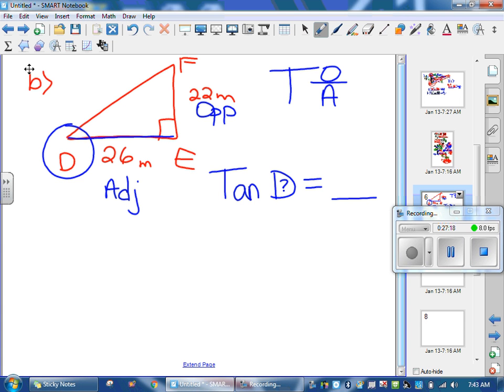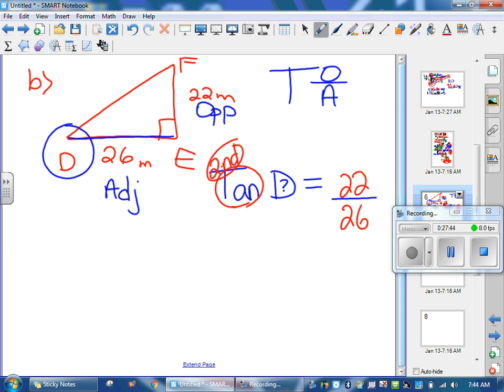So when I solve an angle like this, there's only one button I need to hit that is different than before. I need to hit my second button. That's why I always write a little second sign right above it. So you're going to hit second, then your tan button. And then you're going to literally type in the digits on the fraction, and divide them and hit enter.